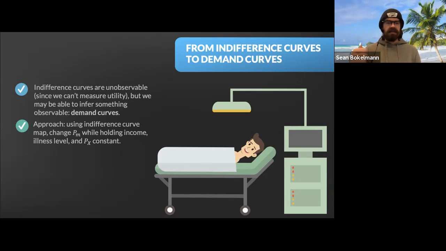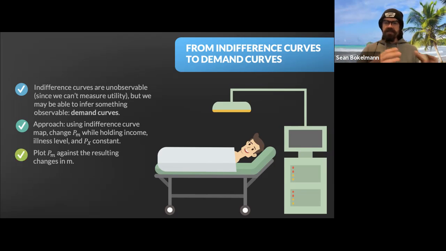Keep in mind we've got a ceteris paribus assumption here. We're holding income constant, illness level constant, and the price of X constant. Then we can plot the different prices of M against the resulting levels of medical care. So that's the approach we're taking.